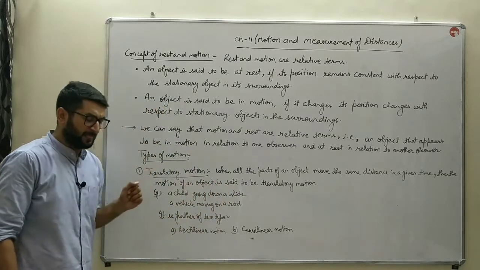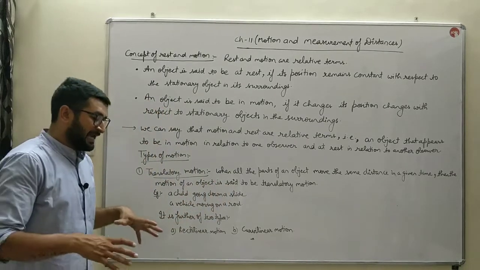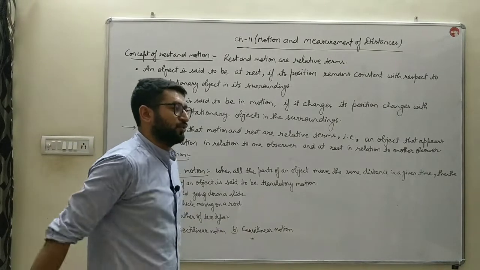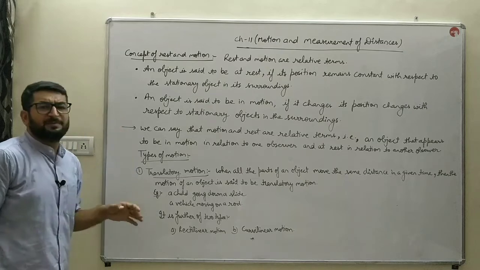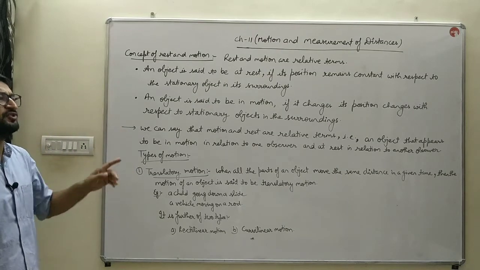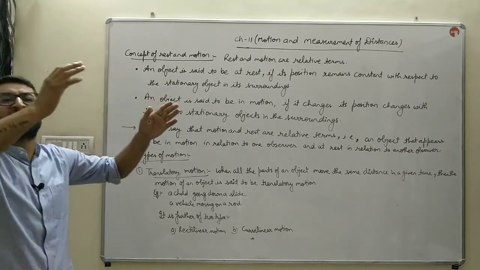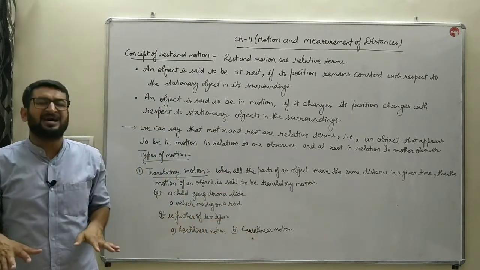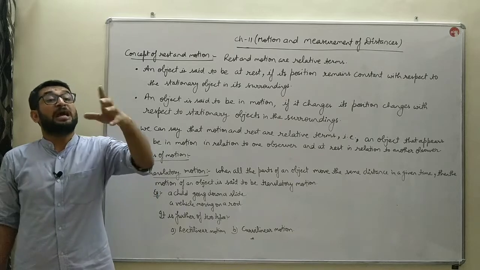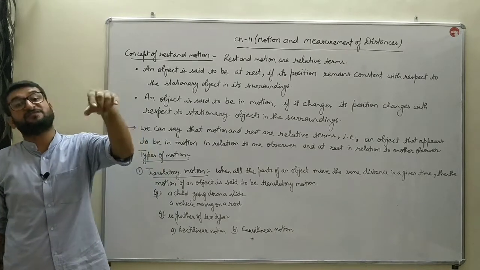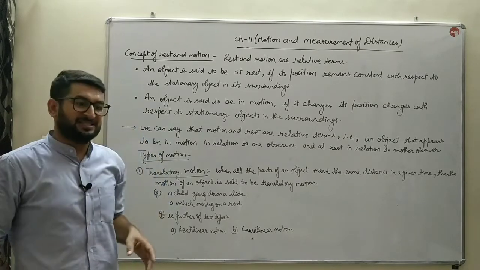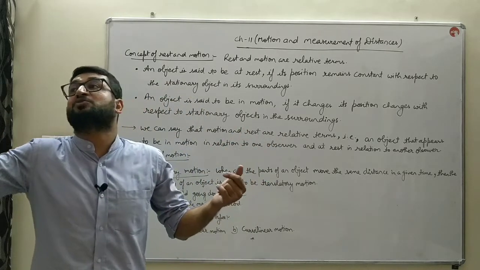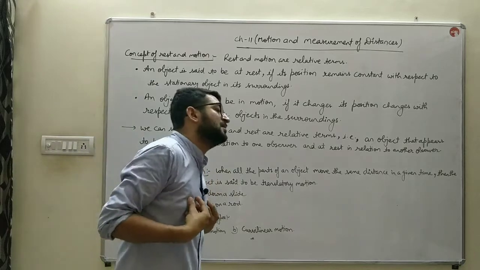For example, let us suppose I am sitting in a car and that car is driving on a road. With respect to that car, I am at rest, but with respect to the outer trees and electric poles, I am in motion. If I stand outside the car, then with respect to that pole, I am at rest, and that pole is at rest with respect to me. But if I sit in the car and drive the car away, then with respect to that electric pole, I will be in motion.